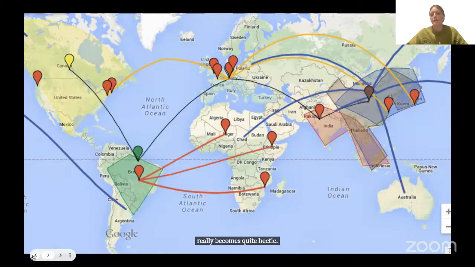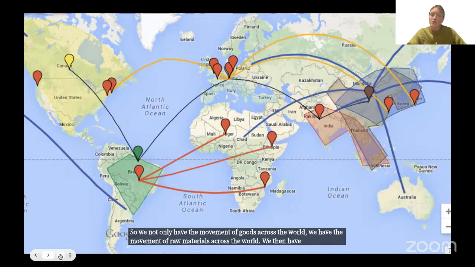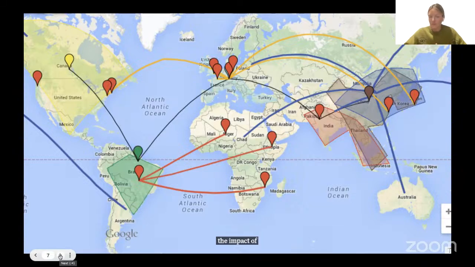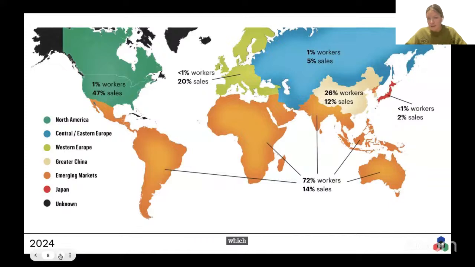So we not only have the movement of goods across the world, we have the movement of raw materials across the world, we then have the impact of creating a shoe, which is an economic impact. The cost of the shoe is not in any way equal to, nor corroborates, the cost of the manufacture to the cost of the product itself, where you're actually purchasing it.